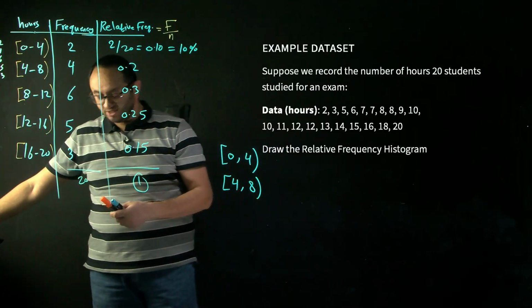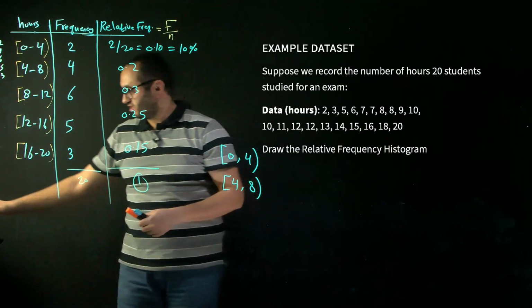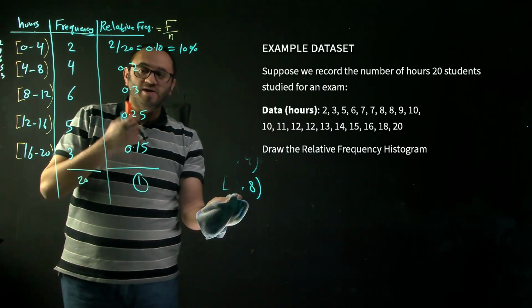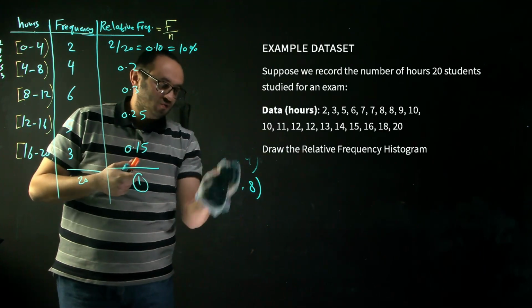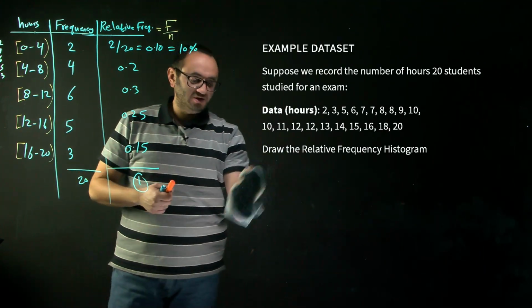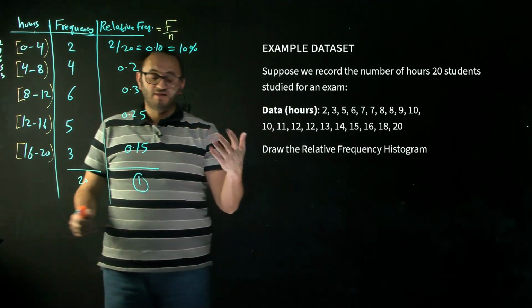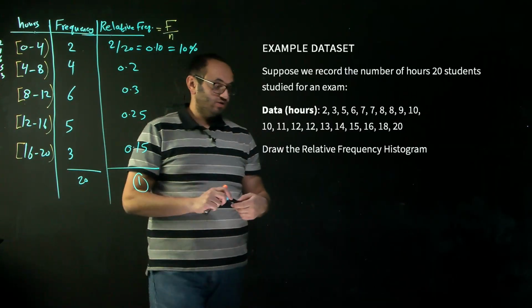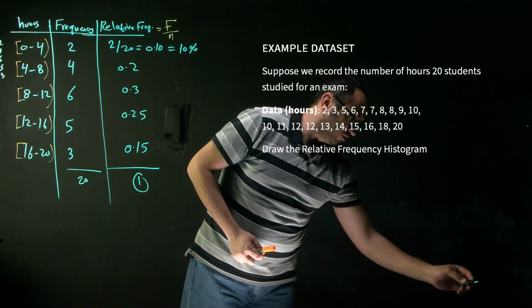So the question is, create a relative frequency histogram, which means I have to create my histogram based on the relative frequency table, which means we have the relative frequency or the proportions on our y-axis. So what I do is the following.